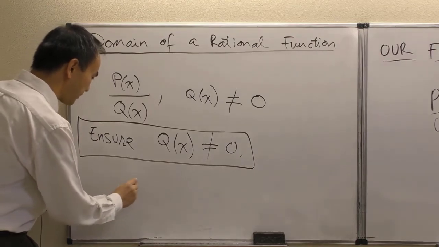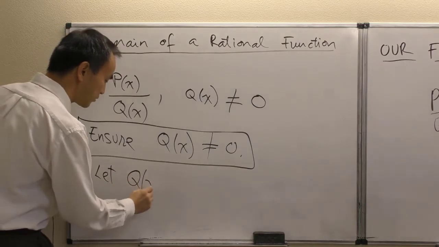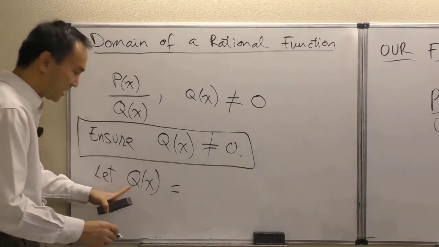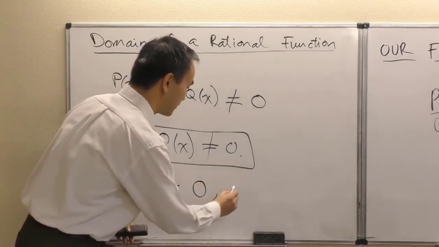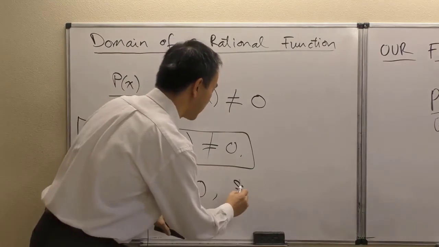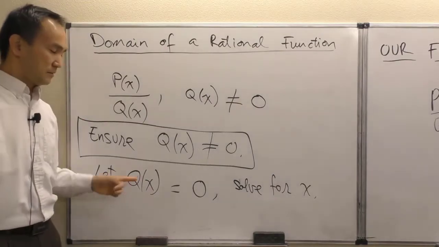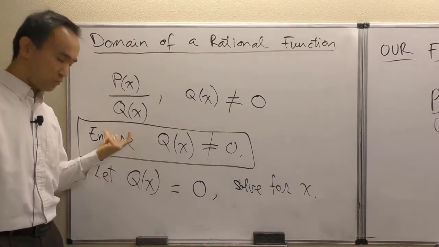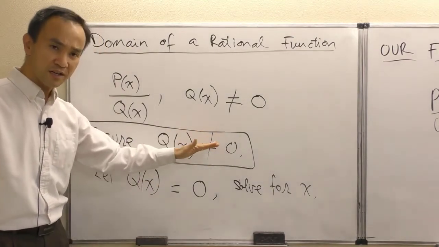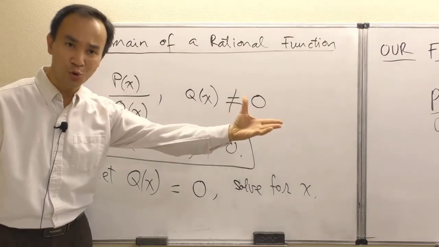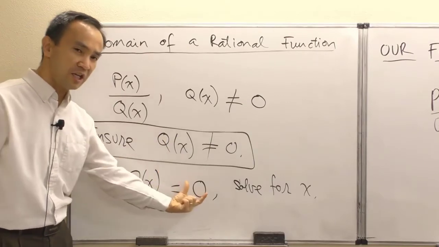We want to start out the method here. The idea is we want to purposely let our denominator equal 0, and then from there we want to find the x value. We want to solve for x. Because of course, we want to ensure the denominator is non-zero, but to ensure this, one effective method is to purposely let the denominator equal 0.